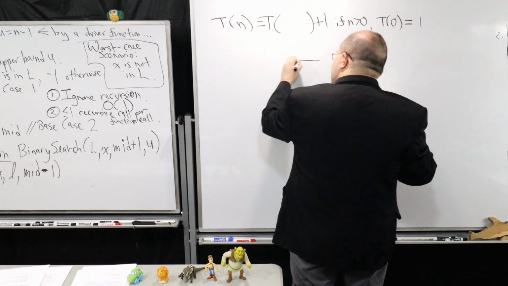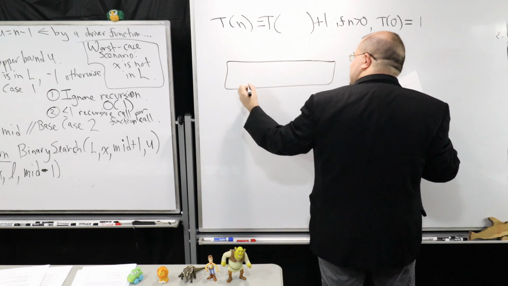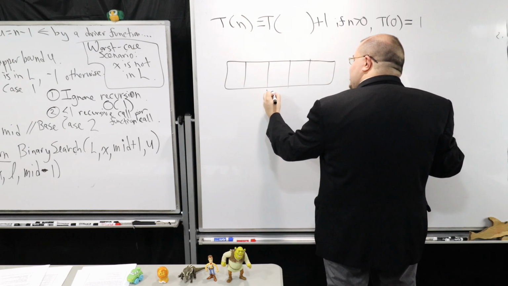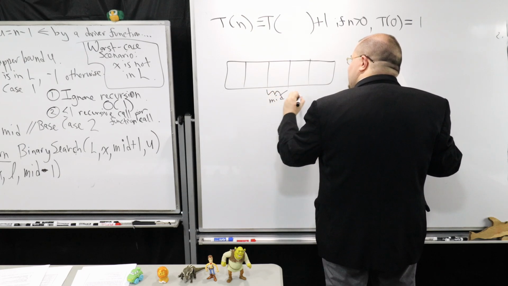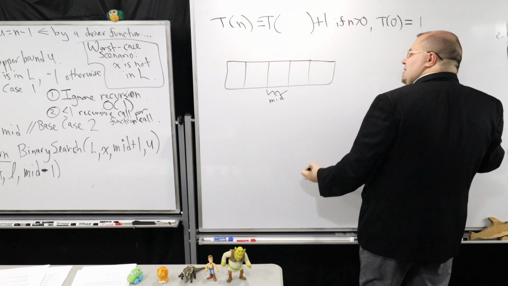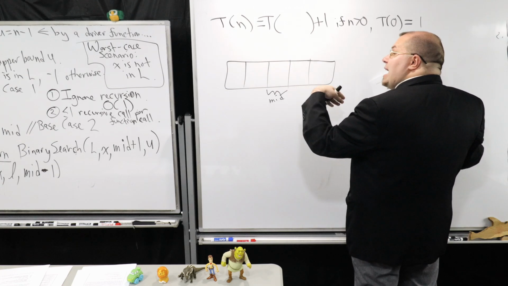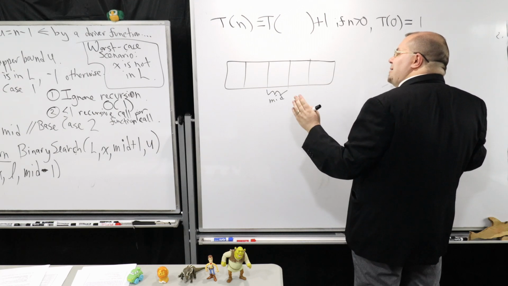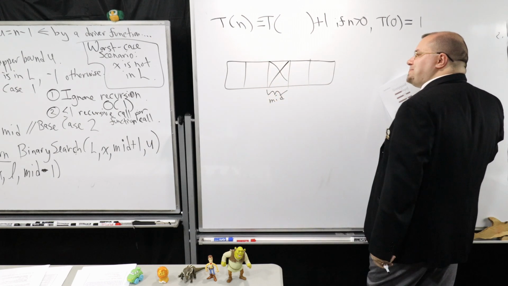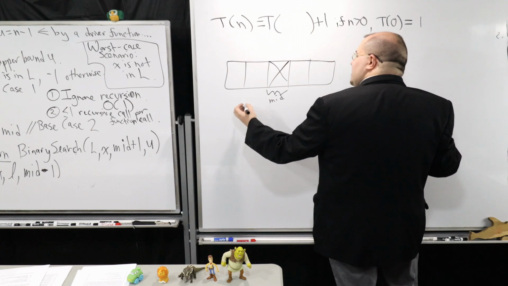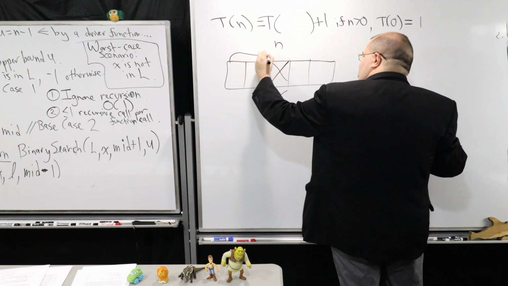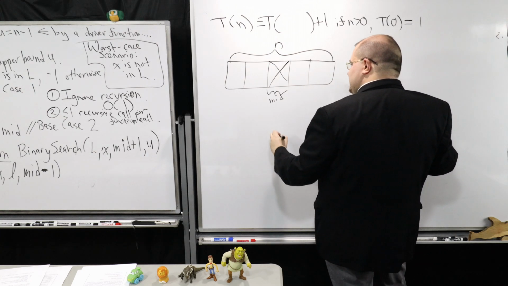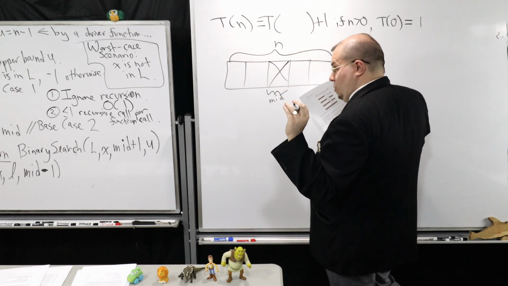Now, I want to show you how I can come up with a nice bound on this before we leave here. Suppose that my guess is mid right here. If I consider mid and say x is not this one, which is the case in the worst case, so I know it's not here, then if there are n elements in total, when I discard one of them, that's n minus 1 elements.